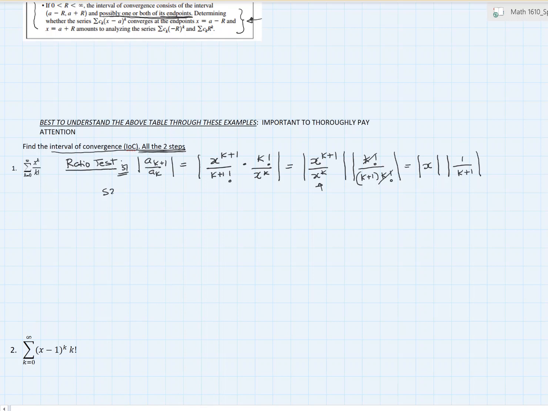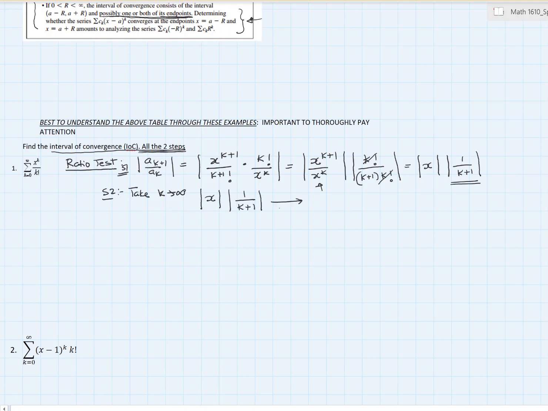Step 2 is take k going to infinity. So now you notice this time we have the k plus 1 term. So therefore I have absolute value of x times absolute value of 1 over k plus 1.